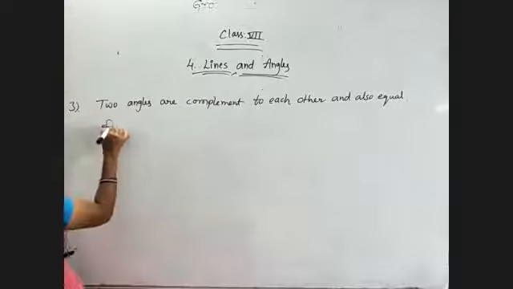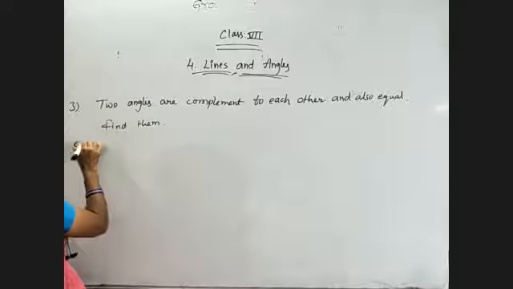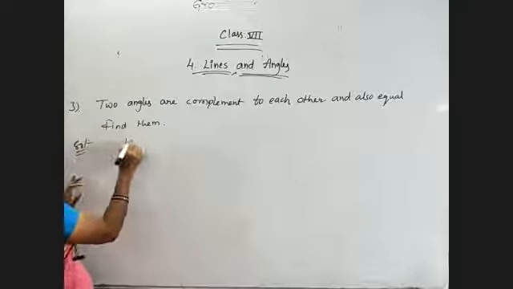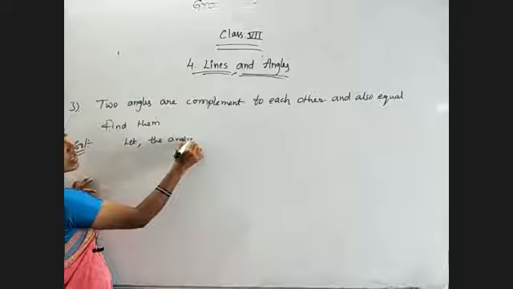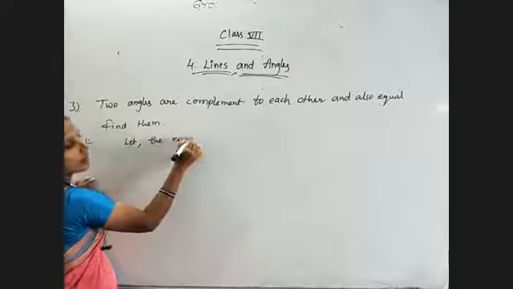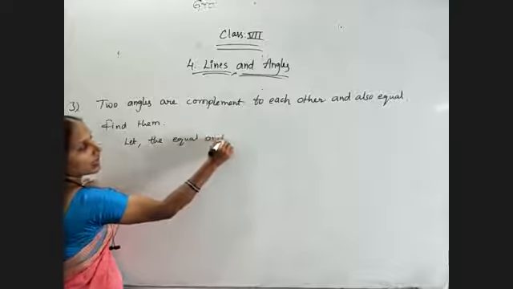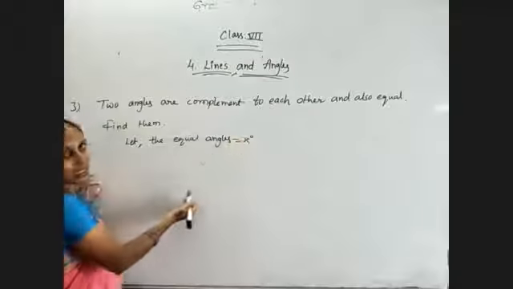Find the angles. Let the two angles be x only. Let the equal angles be equal to x. Okay, x degrees, x degrees.